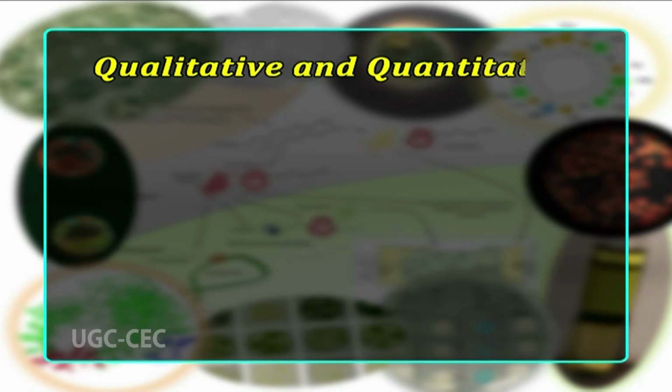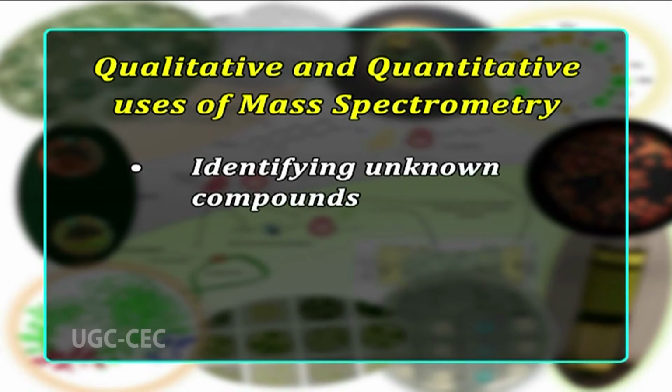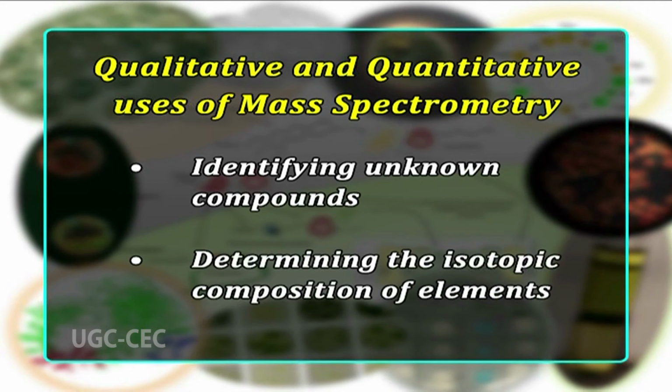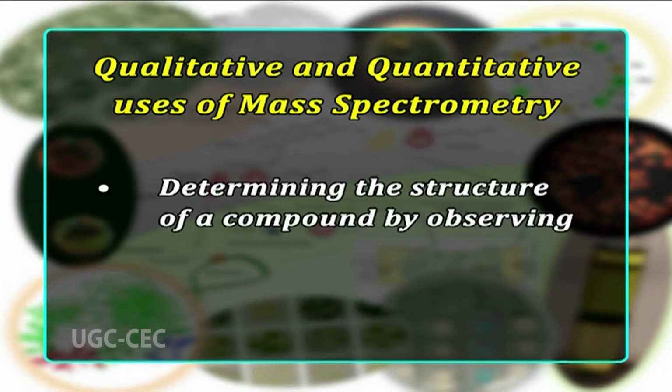Mass spectrometry has both qualitative and quantitative uses. These include identifying unknown compounds, determining the isotopic composition of elements in a molecule, and determining the structure of a compound by observing its fragmentation pattern.